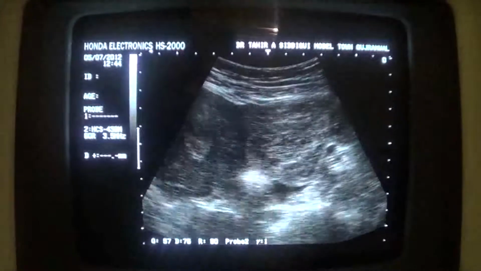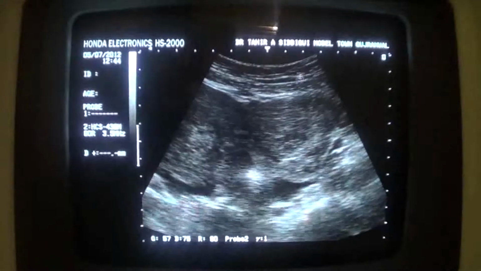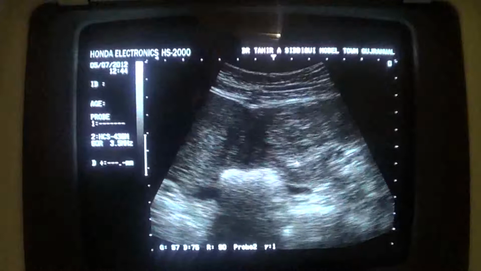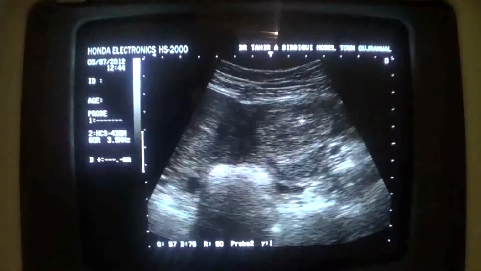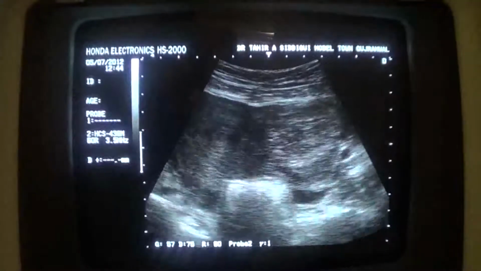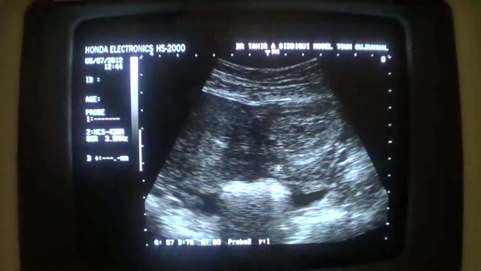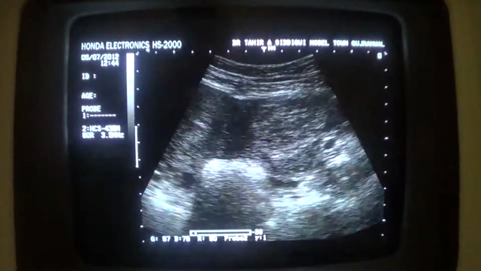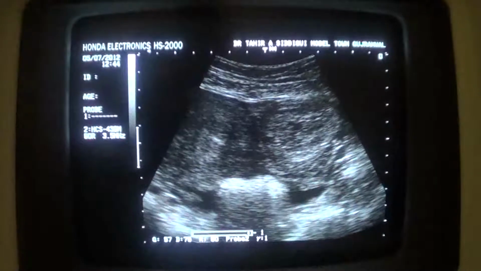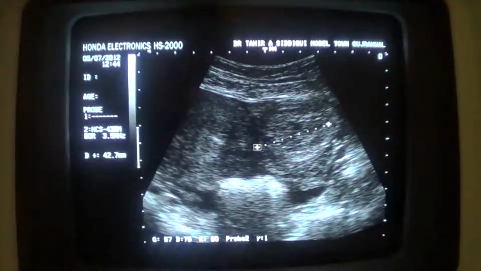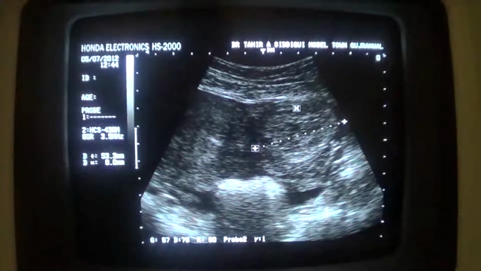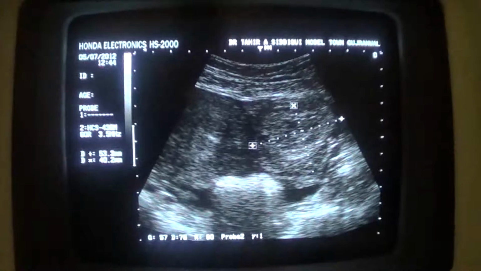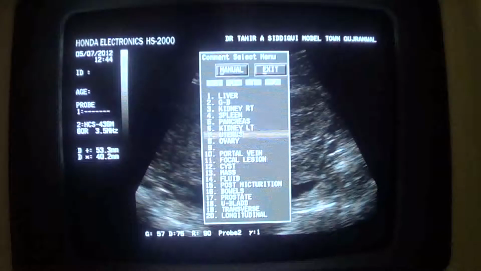Here in the region of the left adnexa, you see a wormy appearance, a layered out area, which is a bleed transforming into a clot. So this is the echogenic area, measuring approximately 5.3 centimeters by 4.0 centimeters.